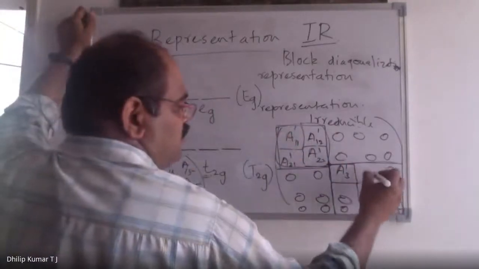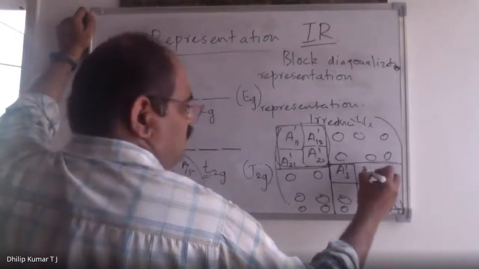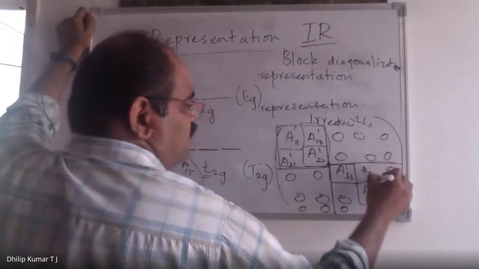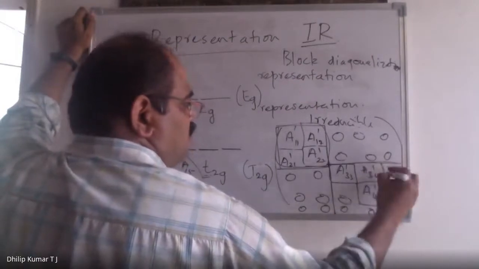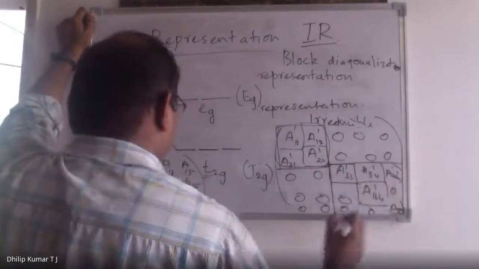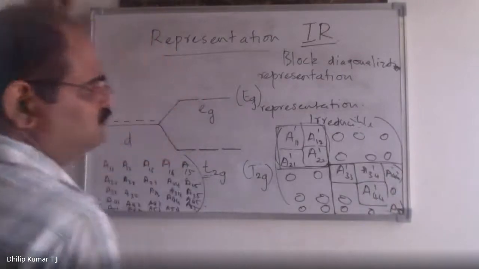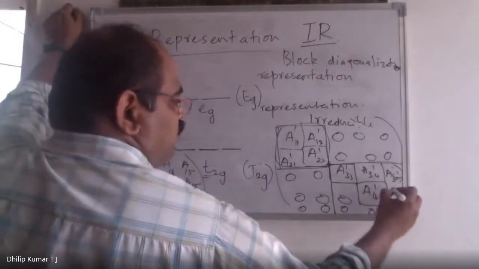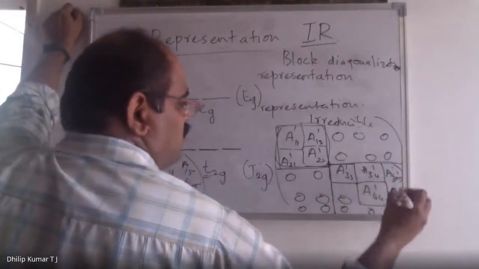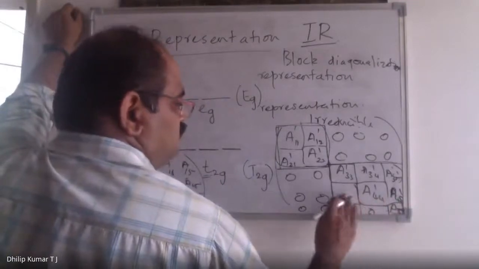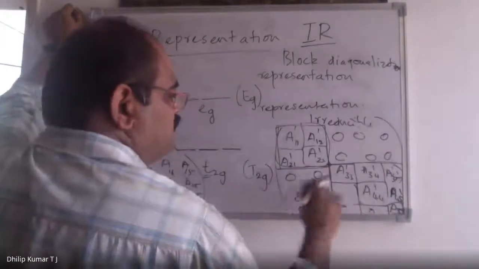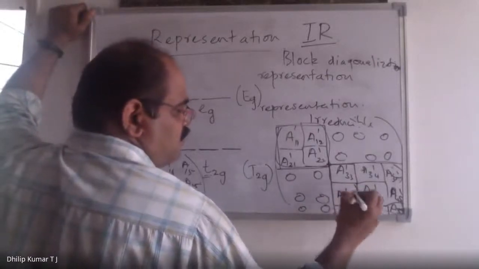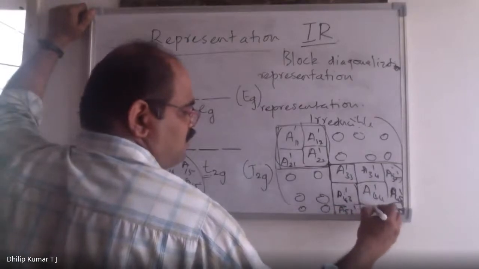So this is A, let's say 33, 44, 55, A34 prime, then A44 prime, 55, 35, 44, A45 prime. These will be non-zero. The other terms will be 0. This will be A43 prime, A53 prime, A54 prime.